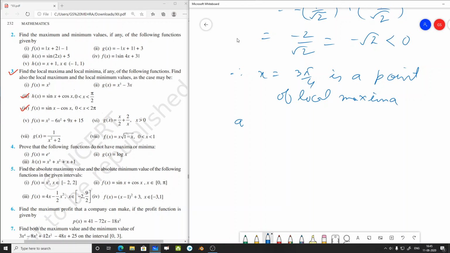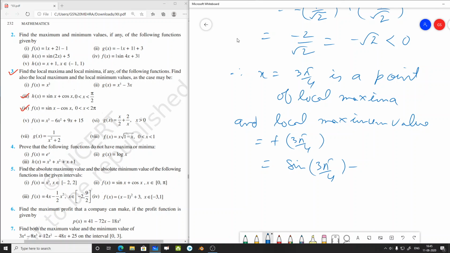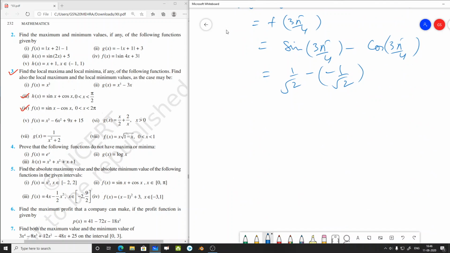The local maximum value is f(3π/4) = sin(3π/4) − cos(3π/4). sin(3π/4) is 1/√2 and cos(3π/4) is −1/√2, so minus of minus 1/√2 gives plus 1/√2. Together we get 1/√2 + 1/√2 = 2/√2, which is equal to √2. So this is the local maximum value.